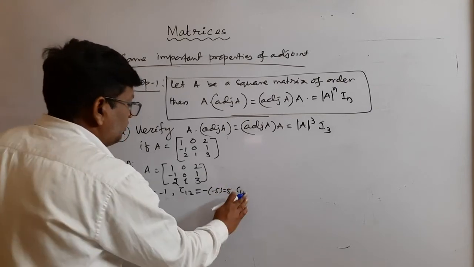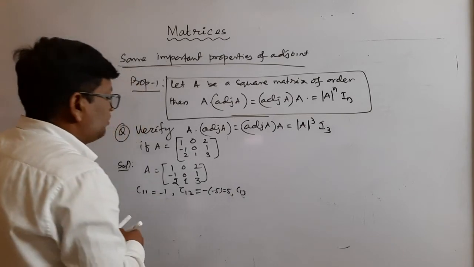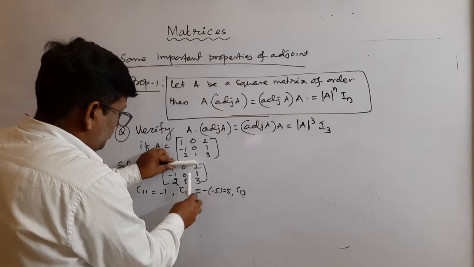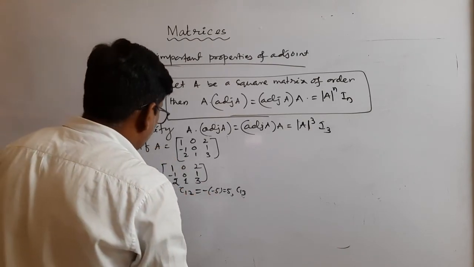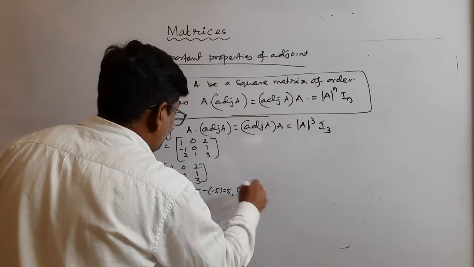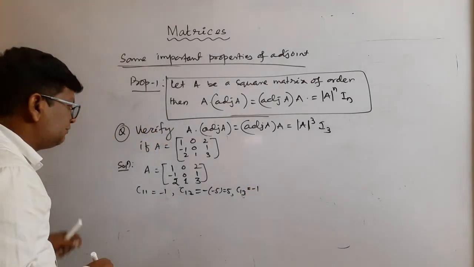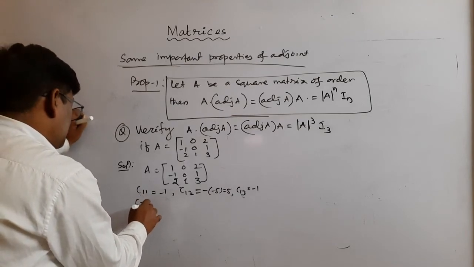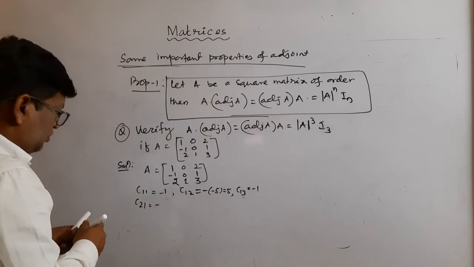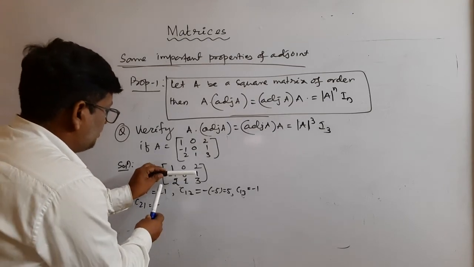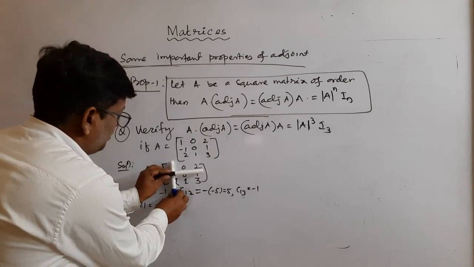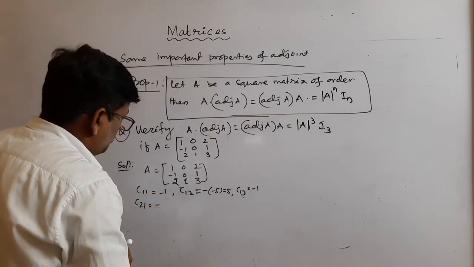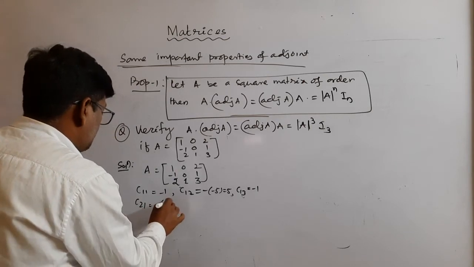C13: 1 plus 3 is 4, which is even, so the sign is plus. So minus 1 minus 0, this is minus 1. Then C21: odd, so minus sign. 0 minus 2, that is plus 2.